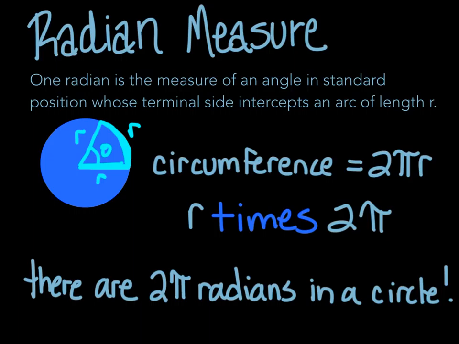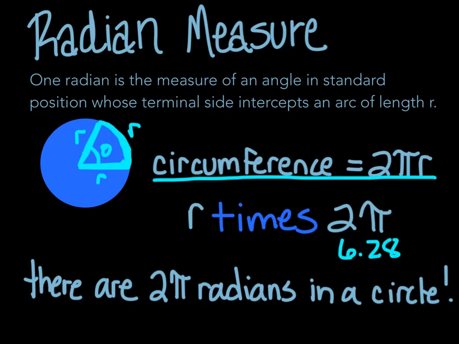If we create the arc that has the same length as the radius, then the angle that we get is 1 radian. Now think about what you know about a circle. Circumference is 2 pi r, right? That's 2 pi times the radius. You know pi is 3.14, so 2 of those would be about 6.28.